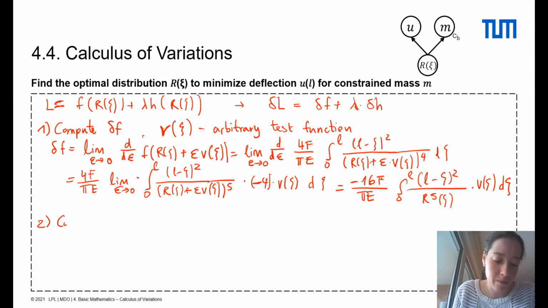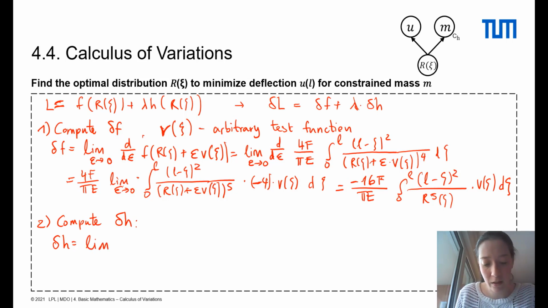We do the same for delta H. So delta H is the limit of epsilon to 0 d over d epsilon of H of R of xi plus epsilon V of xi.